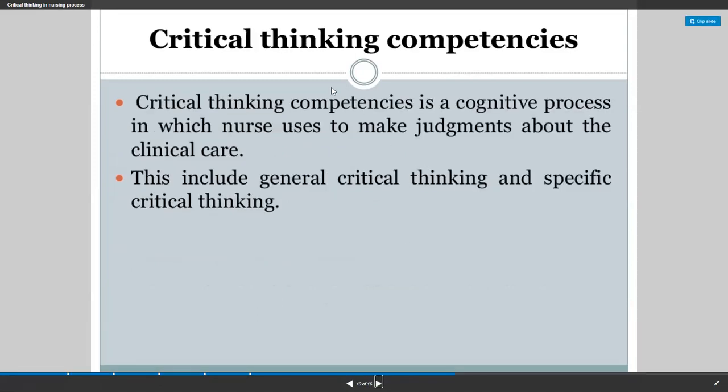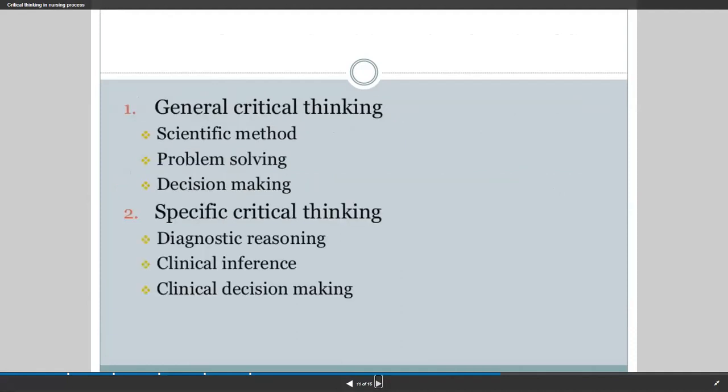Okay, next is regarding critical thinking competencies. Critical thinking competencies are a cognitive process a nurse uses to make judgments about clinical care. This includes general critical thinking and specific critical thinking. General critical thinking involves the scientific method, problem solving, and decision making. The scientific method is the nursing process that you are going to use.